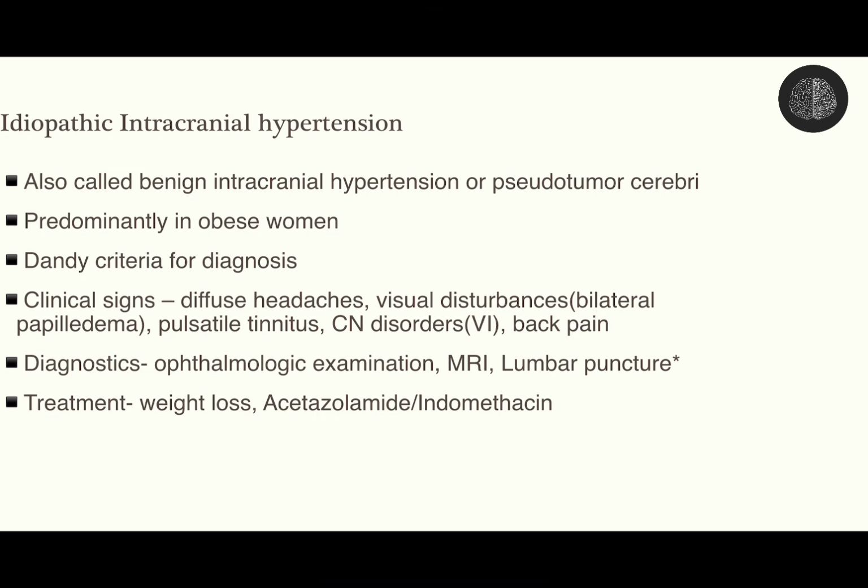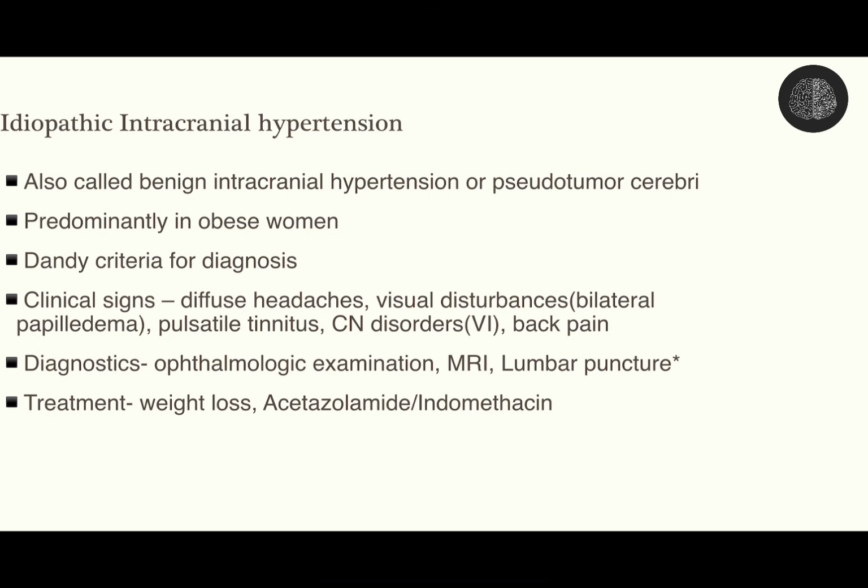The clinical signs include headache, visual disturbances, pulsatile tinnitus, cranial nerve disorders, as I said, abducens nerve palsy, and also back pain. For diagnosis, you use ophthalmic examination where you will see bilateral papilledema or some defects in the visual field test. You can also do an MRI, which would show unremarkable brain parenchyma with maybe possible abnormalities of the sclera or optic nerve.